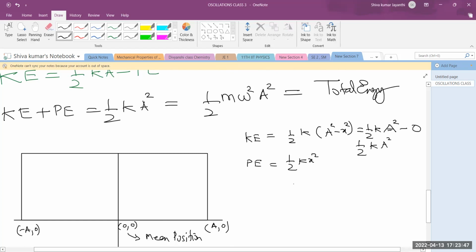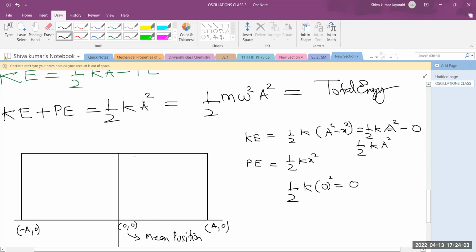Potential energy at 0 is half k times 0 square, which is 0. So at the mean position, velocity is maximum, which is why kinetic energy is maximum and potential energy is 0.